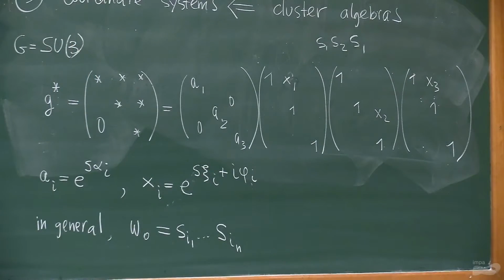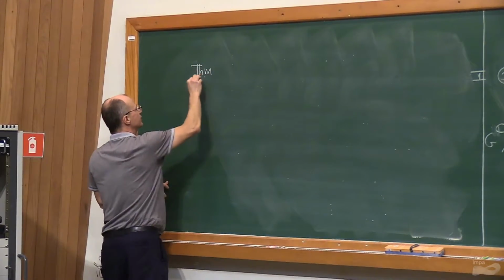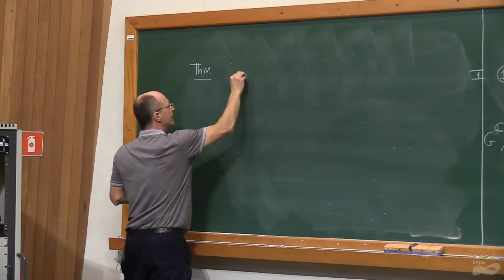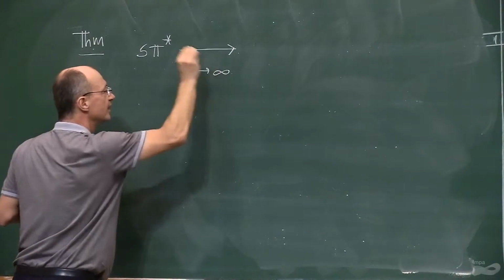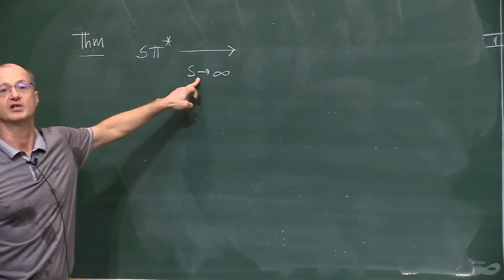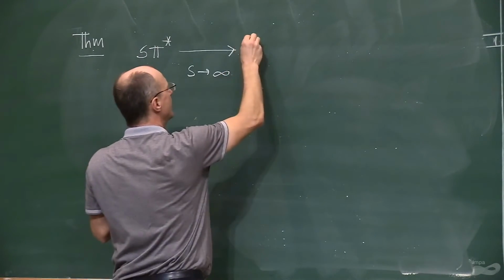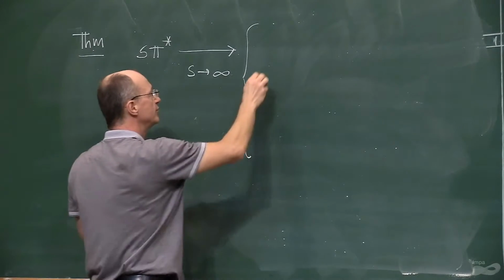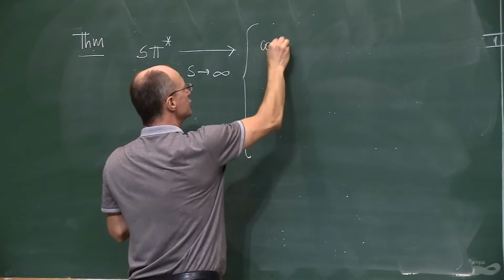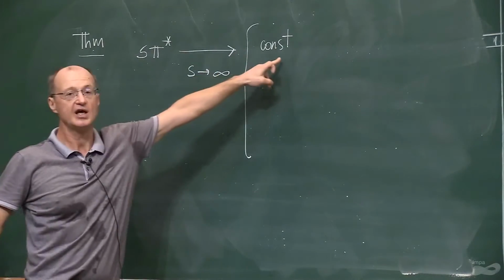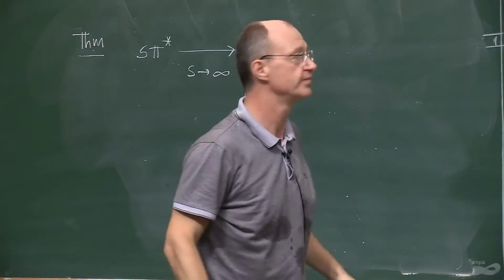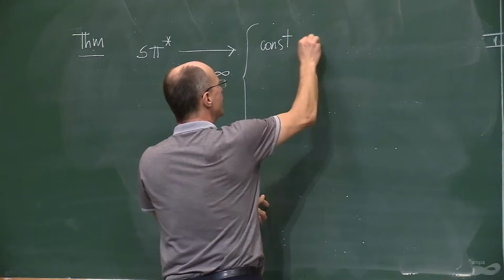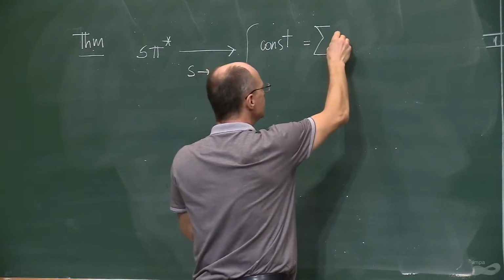Now, the theorem says that actually after all these manipulations, the Poisson bracket S pi star has a good limit when s goes to infinity. So let me write it in the following way. In fact, it tends to a constant Poisson bracket in terms of our coordinates. And this constant Poisson bracket is something like this.